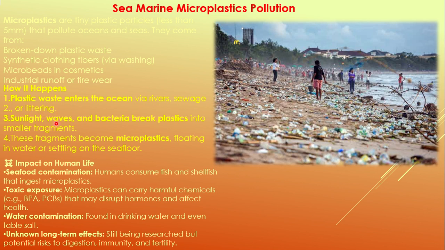Then sunlight, waves and bacteria break this plastic into smaller fragments. When sunlight comes on this plastic, it breaks down into smaller pieces, and these smaller particles break into even smaller pieces. When rain and other processes come, this microplastic enters the water and goes to the sea.